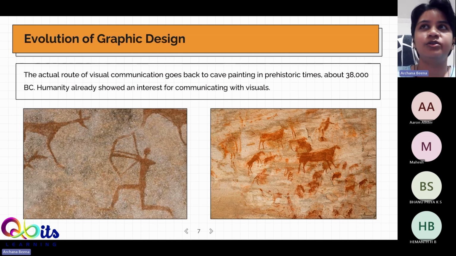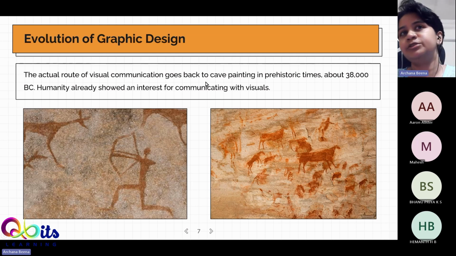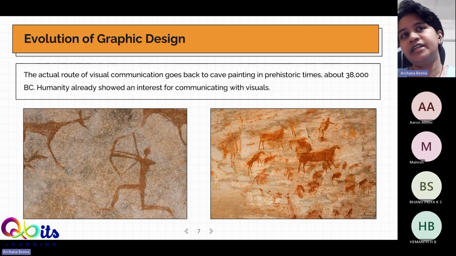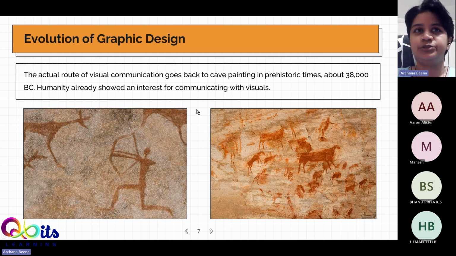This was very long ago. And that is just evidence to show that humanity already showed an interest in communicating with visuals, even though it is unclear who they were trying to communicate it to. They wanted to still document their lives and show that information in the form of visuals.